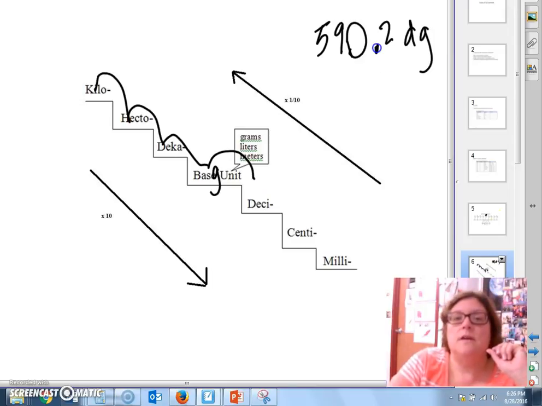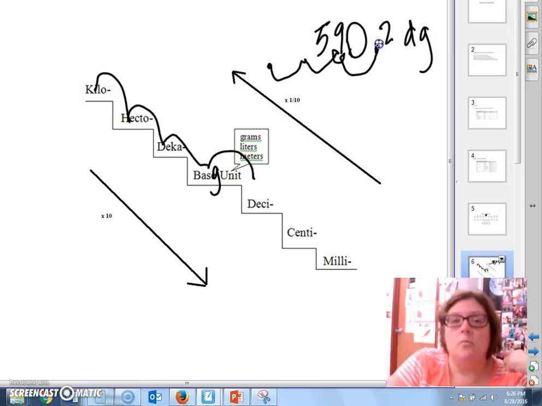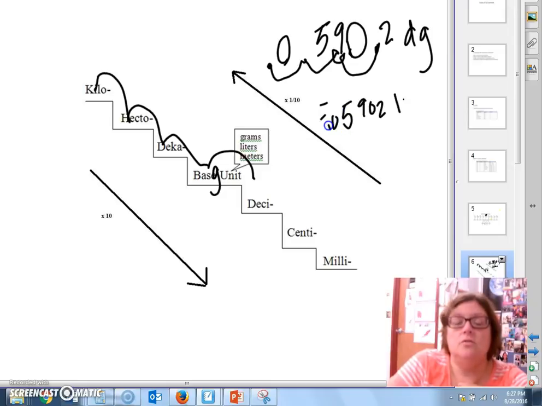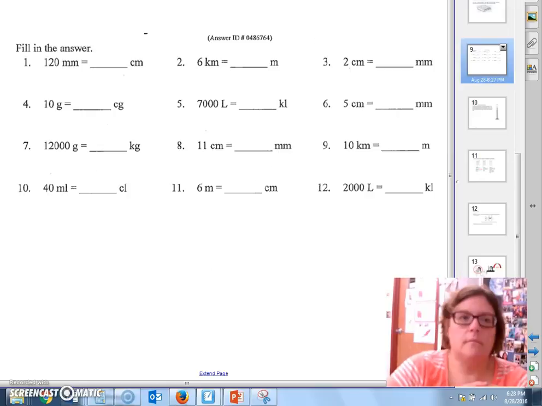So I've got to move the decimal. This time I'm going to move it to the left. A kilo is much, much larger, so the number gets smaller as I go from deci to kilo. 1, 2, 3. Uh-oh. I'm going to move one more, and if it's an empty placeholder, I've got to put a 0 in there. So 590.2 decigrams is the same as 0.05902 kilograms.